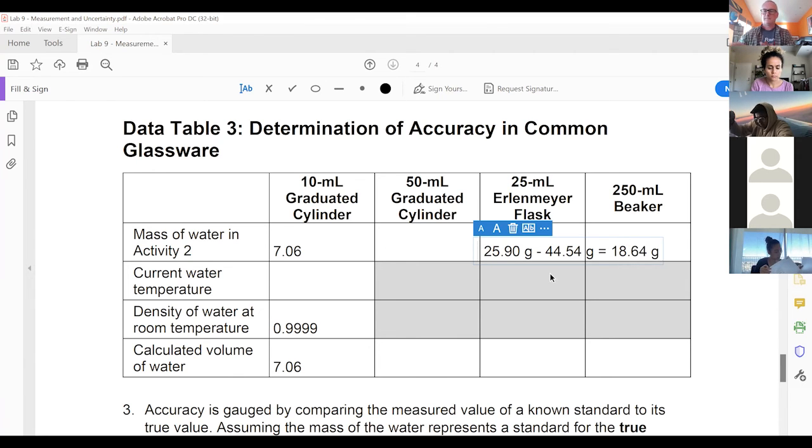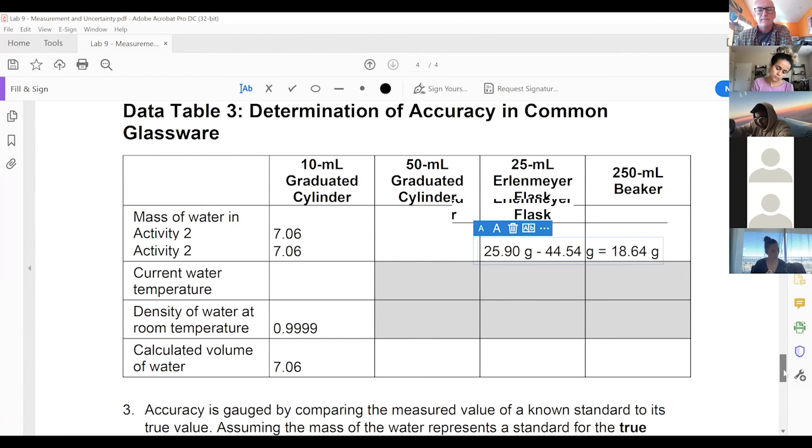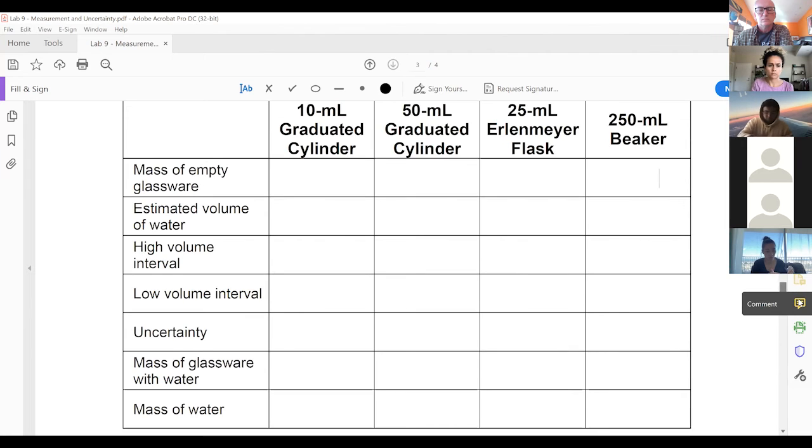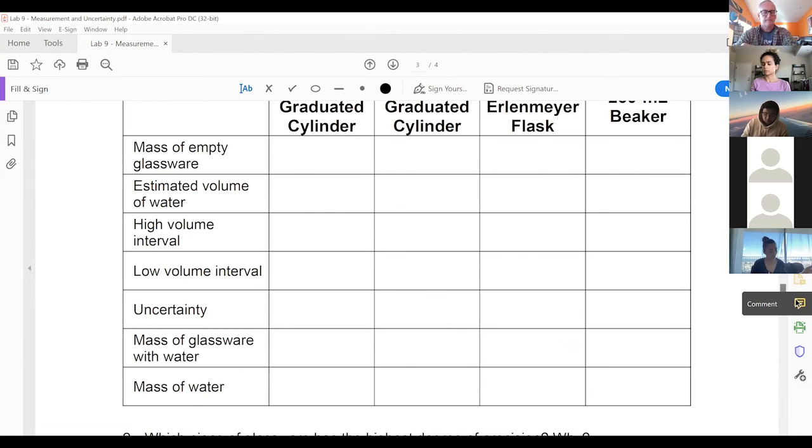So for table 2, for the volume of water, it says in activity 2, number 9, repeat steps 1 through 8 with each remaining glassware, use the target volumes listed in table 1 for step 4. So does that mean we just put 7 milliliters for the volume of water?